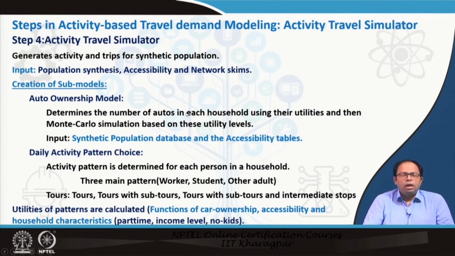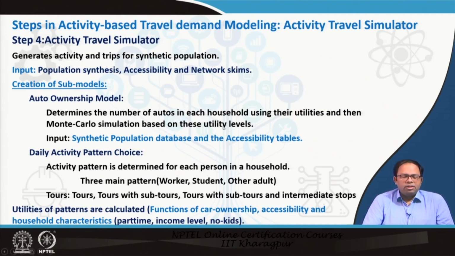The first step is to create an auto ownership model. These are based, again, on logit equations. We determine the number of autos in each household using their utilities, and then using Monte Carlo simulation based on these utility levels, we determine how many autos each household will own.